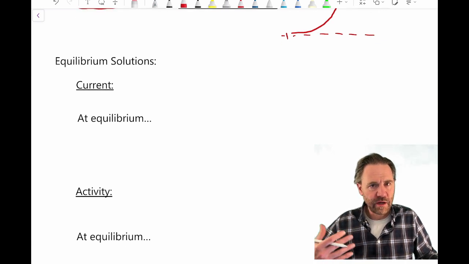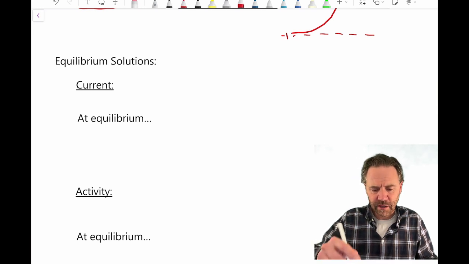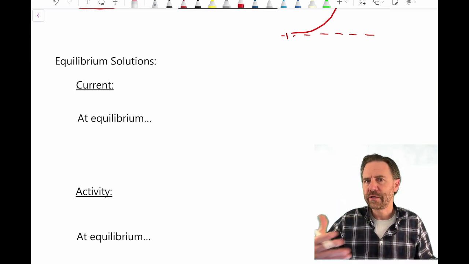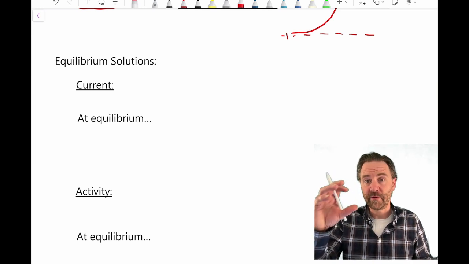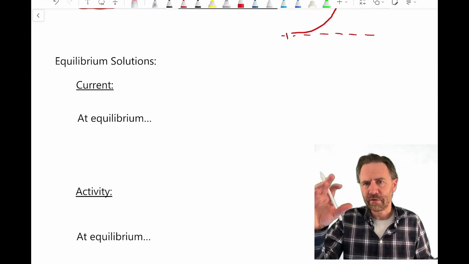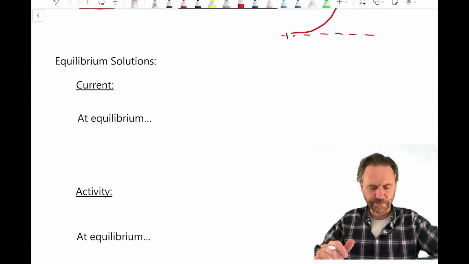One way to understand the dynamics is to look at its equilibrium solutions. Remember, an equilibrium solution for a differential equation is the solution that you get when you set the derivatives to 0. Because if the derivatives are 0, that means nothing's changing. All the variables are constant and fixed.